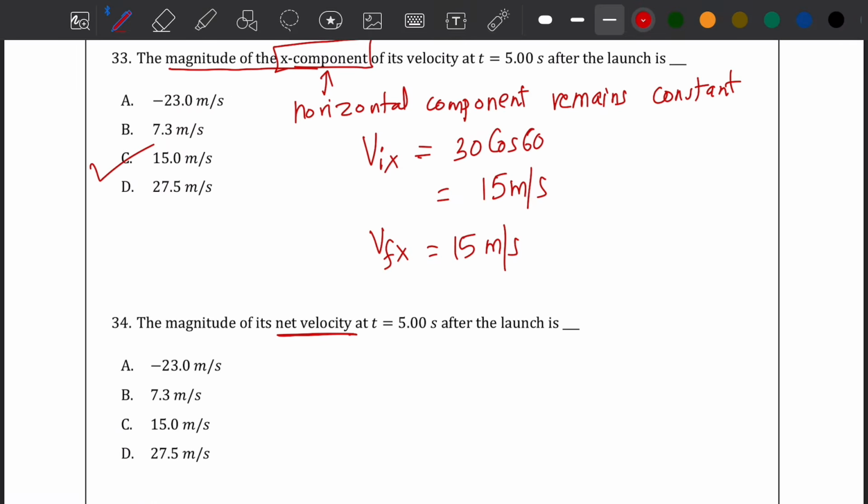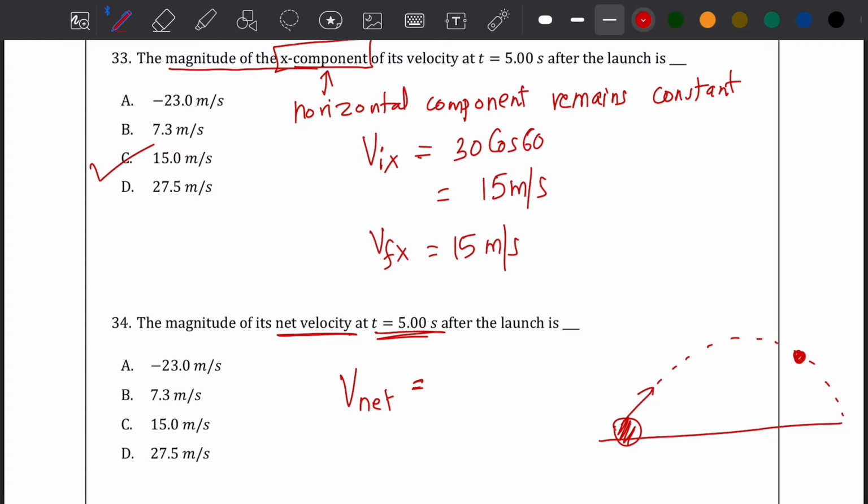Next it's asking for net velocity, which means total velocity at 5 seconds. So we have to use the formula for V net. Let's first understand what the question is saying. Let's say that you are throwing the object. The projectile is thrown with 30 meter per second at a 60-degree angle. After 5 seconds, let's say the projectile reaches here.